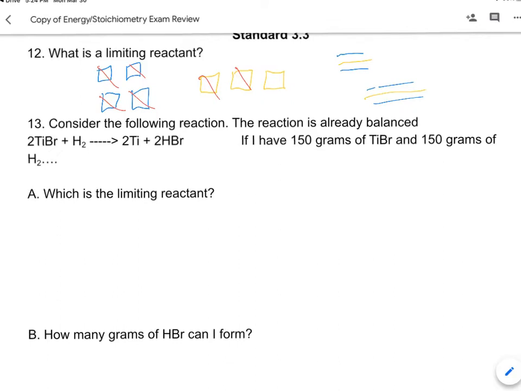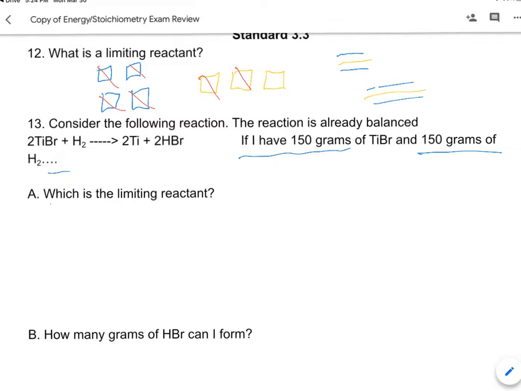So for a limiting reactant problem, what you're going to need to do is 2 gram-to-gram stoichiometry conversions. The way these problems will be set up is it will give you both amounts of your reactants, and so those are your 2 starting numbers for your 2 stoichiometry conversions.